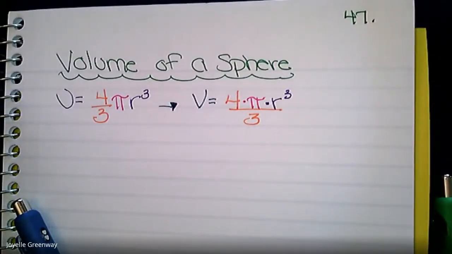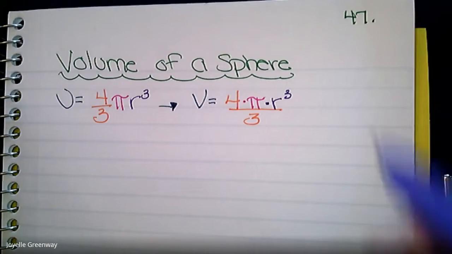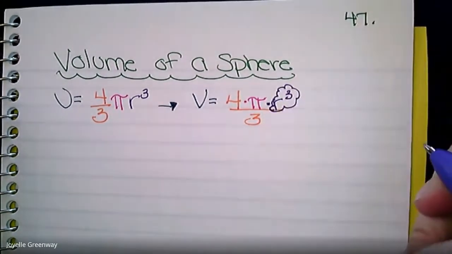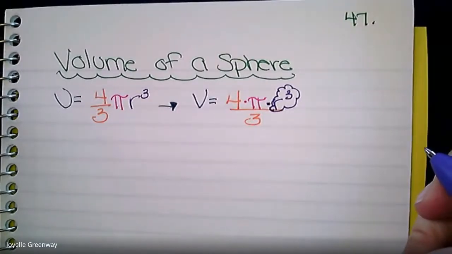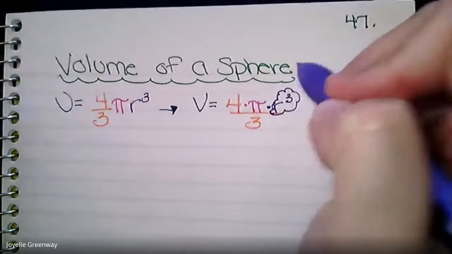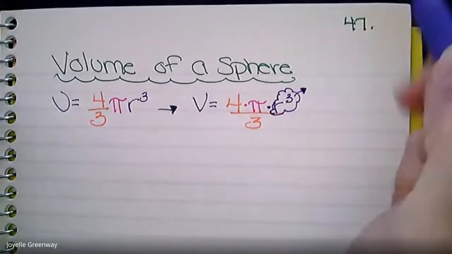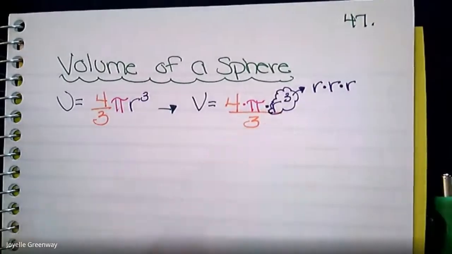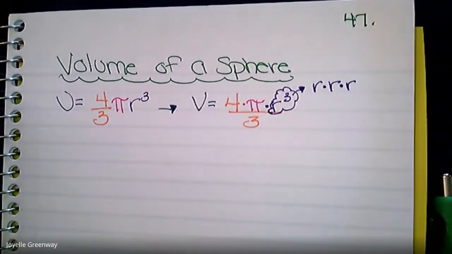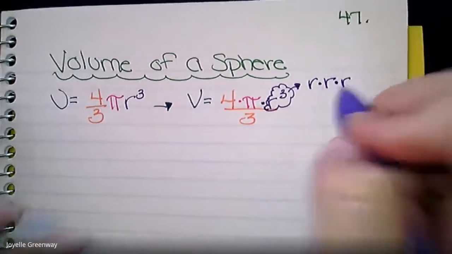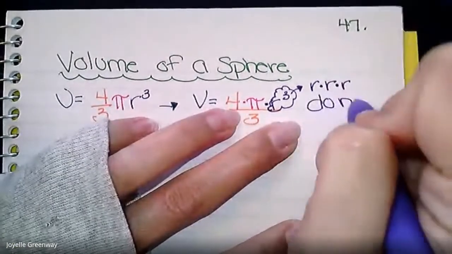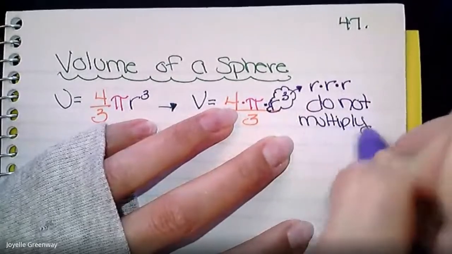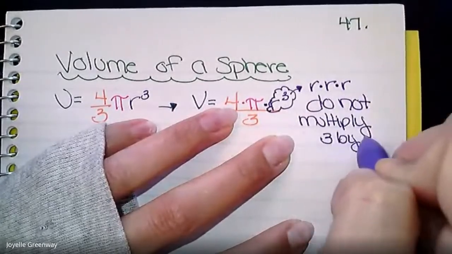One thing I do want to point out is that the radius cubed is different than the radius being squared. The radius cubed means you take that radius and you multiply it by itself 3 times. You do not multiply 3 by r.